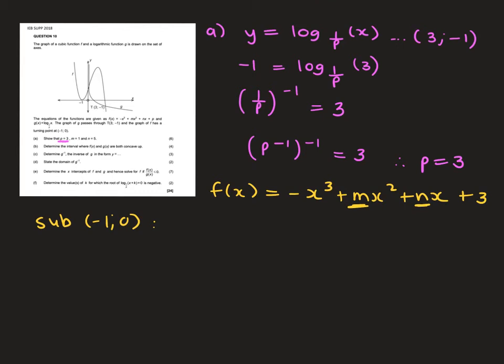So 0 is equal to (-1) cubed plus m times (-1) squared plus n times (-1) plus 3. This all simplifies to: -1 times negative is 1, plus the 3 from there is 4, and that will just become plus m minus n.